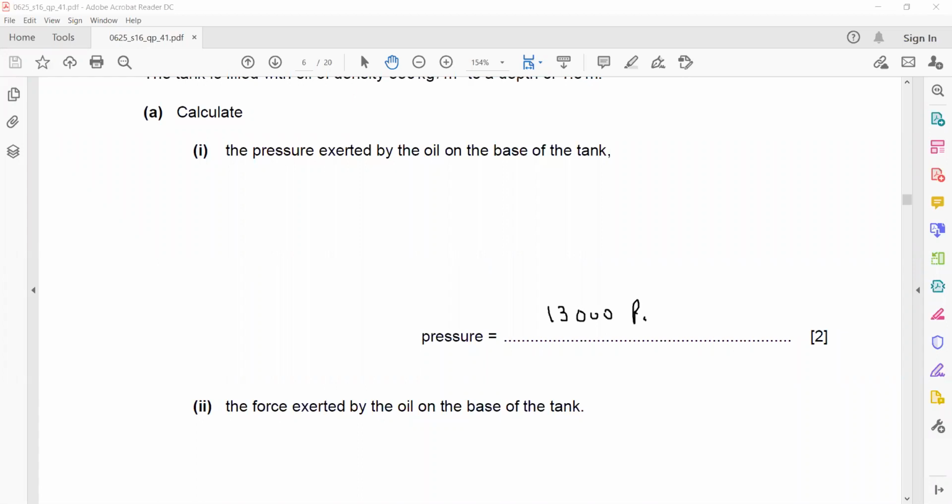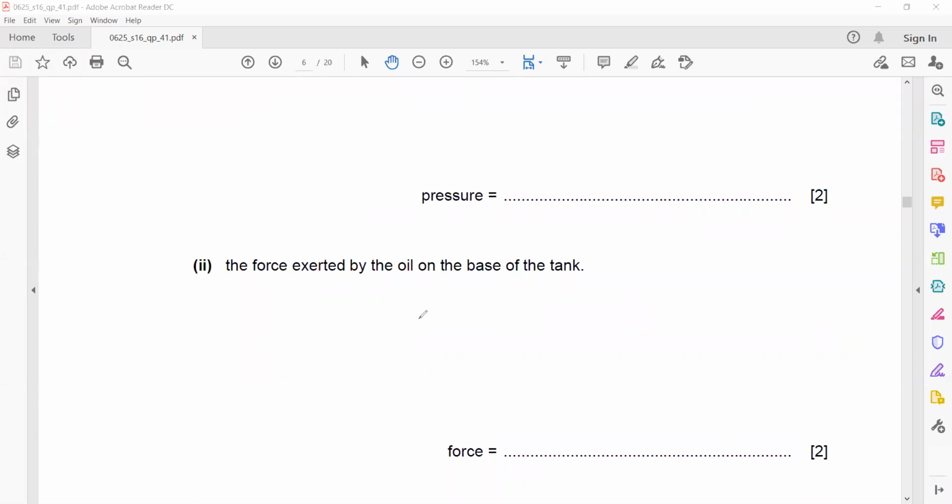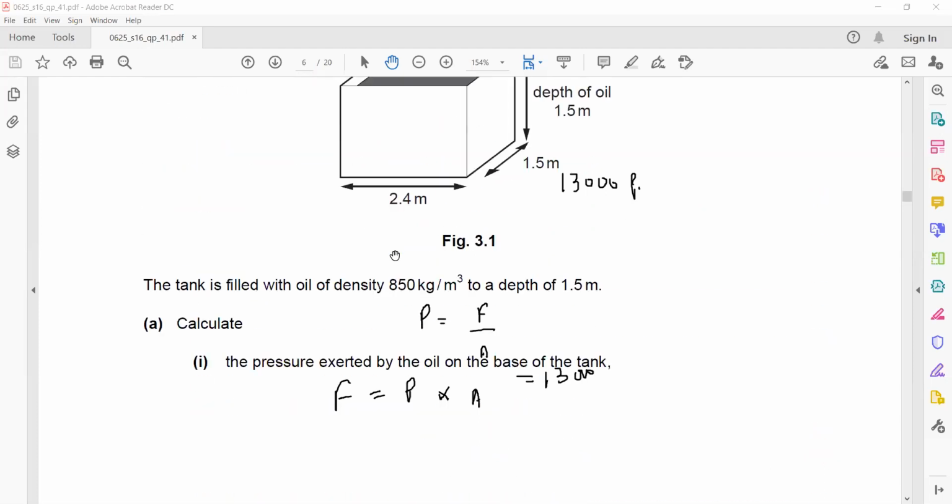What is the base area of this rectangular box? Area is length times width, so 1.5 times 2.4, which is 3.6. Then 3.6 multiplied by 13,000, so you will get the force, which is approximately 46,000 newtons.